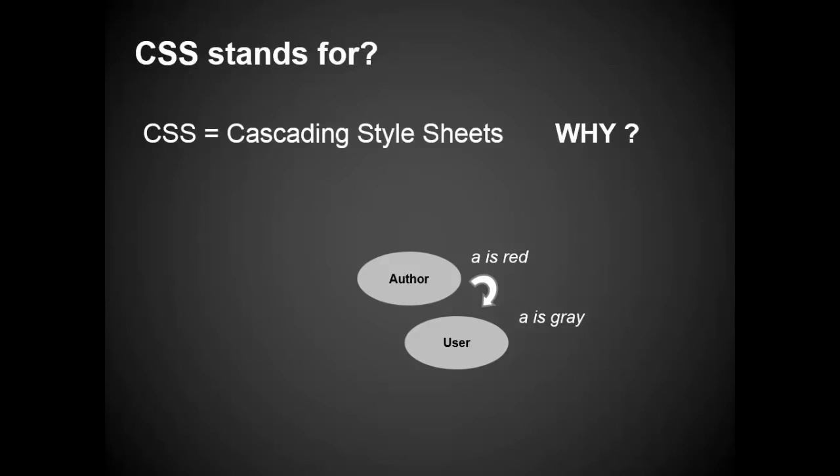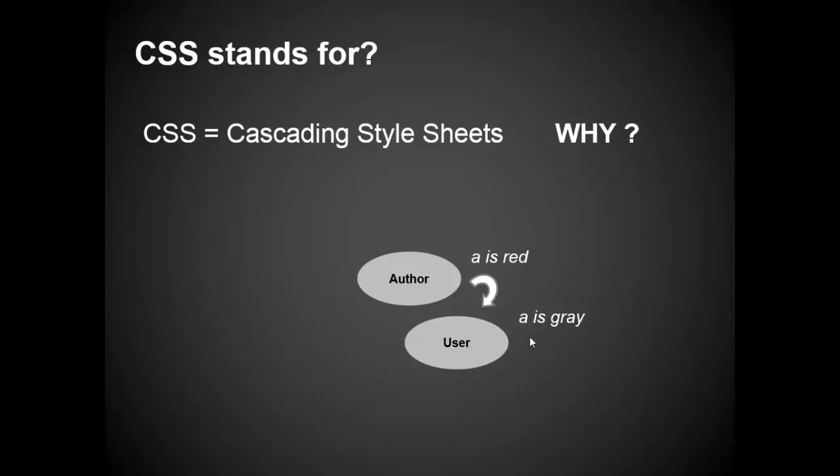One of the interesting things that the browsers allow you to do and that CSS allows you to do is that the user can on its own computer define how the site should look. And what's going to happen is that the browser will apply this style over this one, meaning the user can define, in this case, that the links are going to be gray.